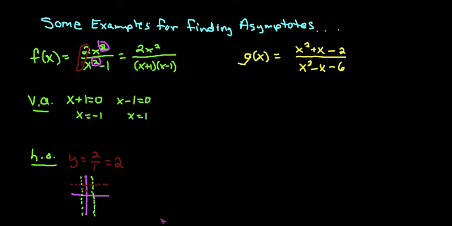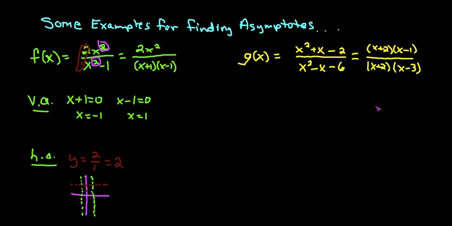Alright, over to our g of x problem. Let's do the same thing with this one if we can. So we're going to look and simplify first, and this one works out pretty nice. I'm going to get an x plus 2 and an x minus 1 on top. And if I factor the bottom, I'm also going to get an x plus 2 and an x minus 3.